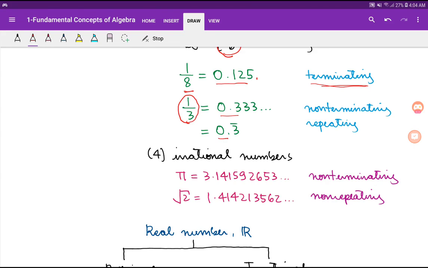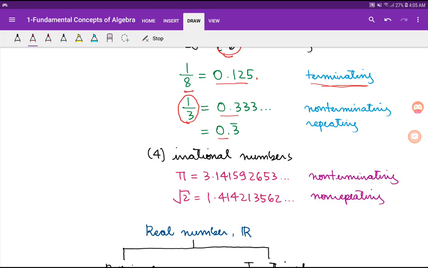The decimal representation of pi is 3.14159265 and so on. For the square root of 2, we have 1.41421356 and so on. For irrational numbers, the decimal representations are non-terminating and non-repeating.